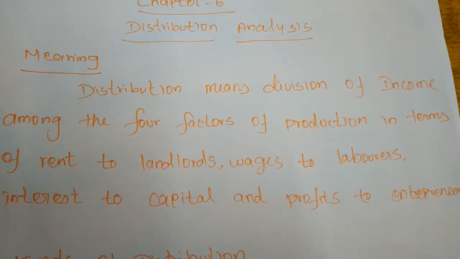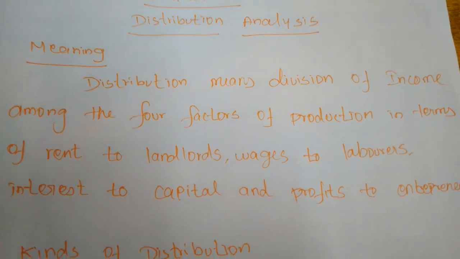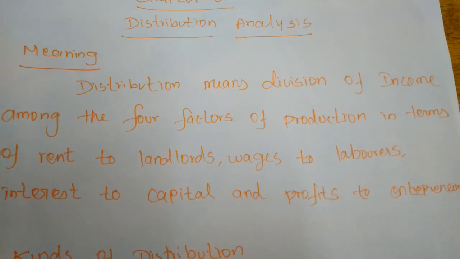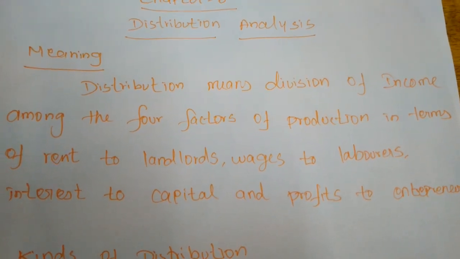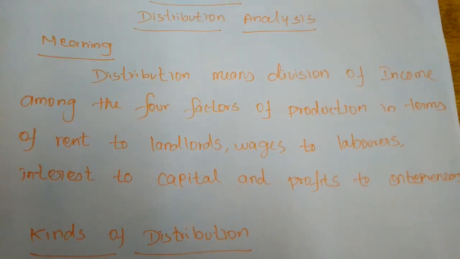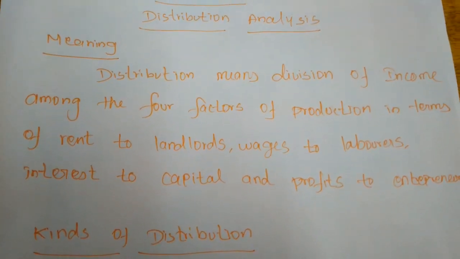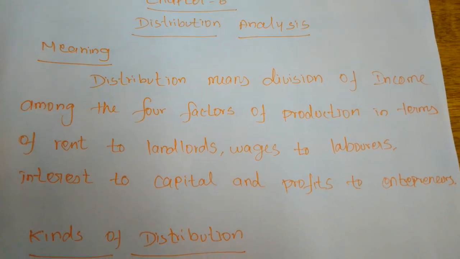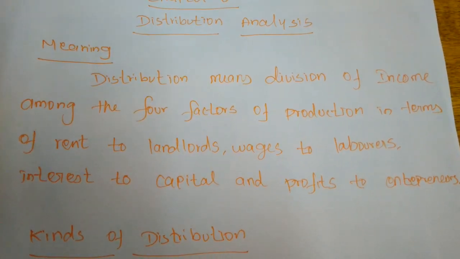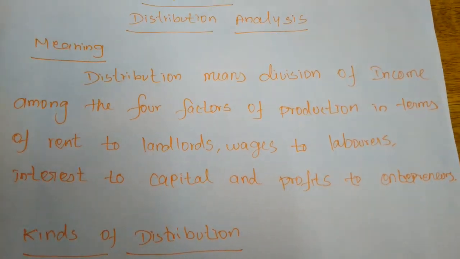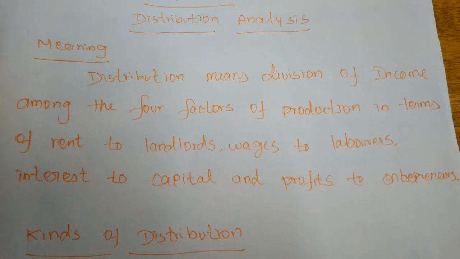When they arrange the factors of production for the production process, they have to provide remuneration for those factors. So distribution means the division of income among the four factors of production in terms of rent to the landlords, wages to the laborers, interest to the capital, and profit to the entrepreneurs.